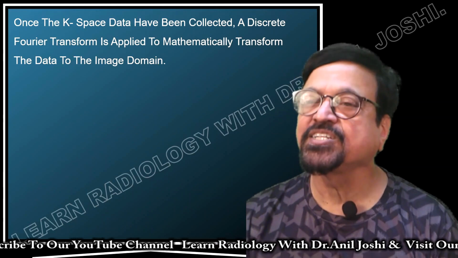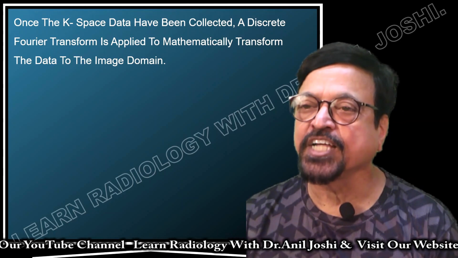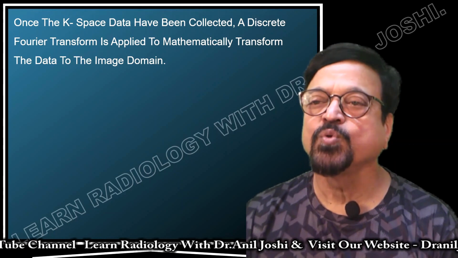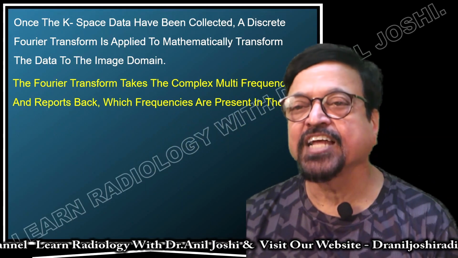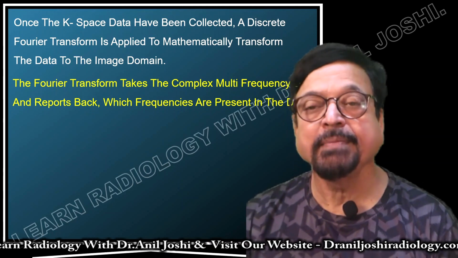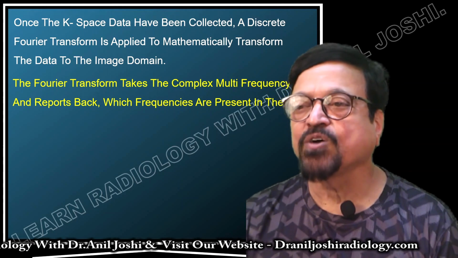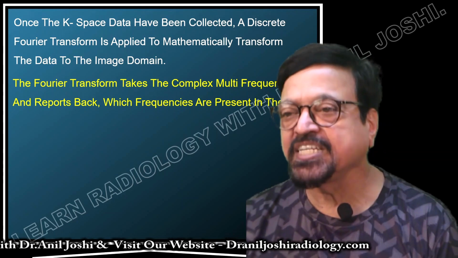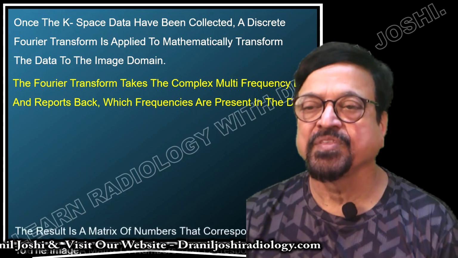Once the k-space data have been collected, discrete Fourier transformation is applied to mathematically transform the data to the image domain. So from one domain, the data is transferred to another domain, from data to image. The Fourier transformation takes the complex multi-frequency data and reports back which frequencies are present in the data.